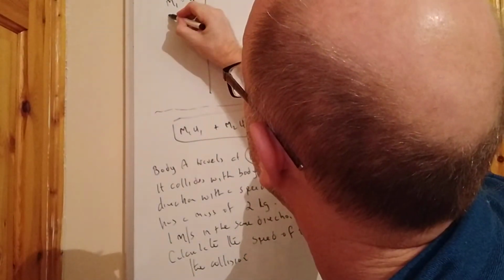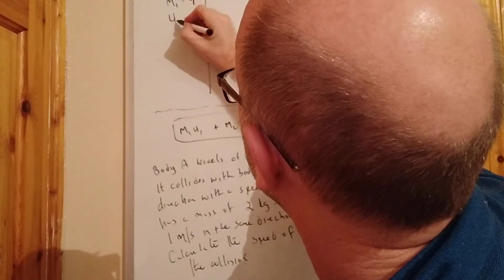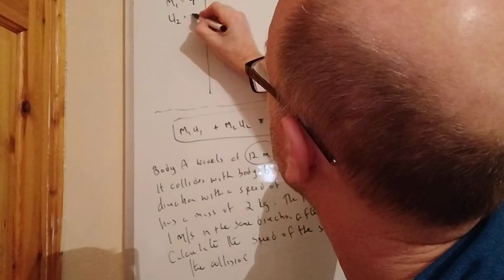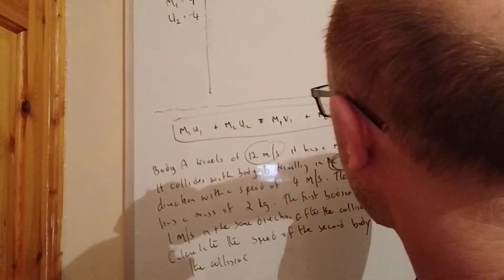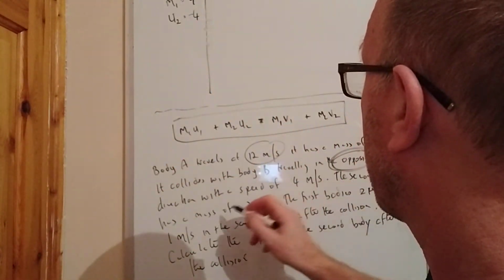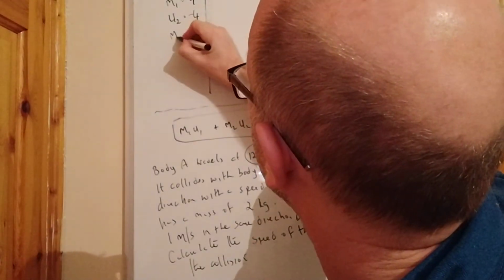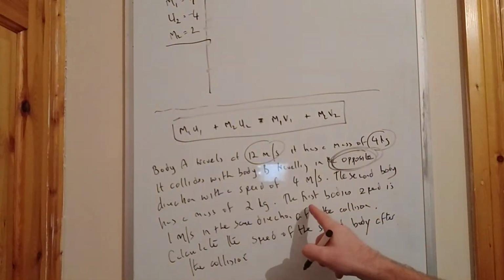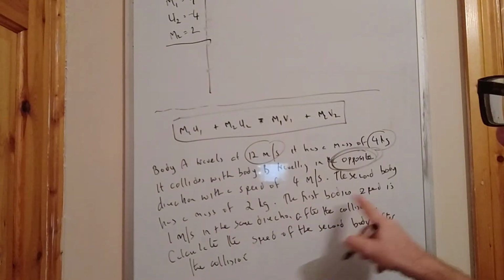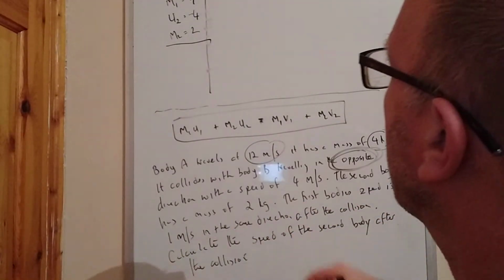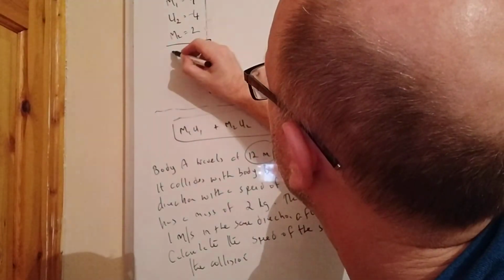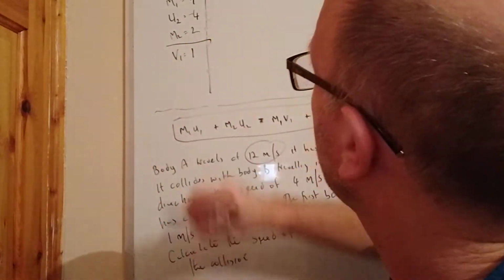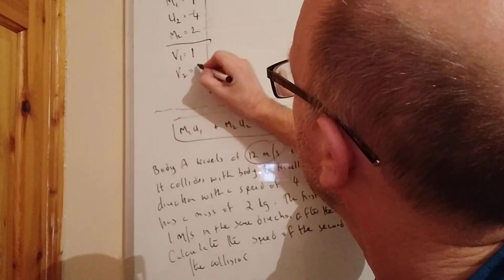So the initial velocity of the second body is in the opposite direction, it's -4. The second body has a mass of 2 kilograms, so m2 is 2 kilograms. Now after the collision, the first body's speed is 1 meter per second in the same direction, so v1 is 1 meter per second, and we want v2, the second body's velocity.